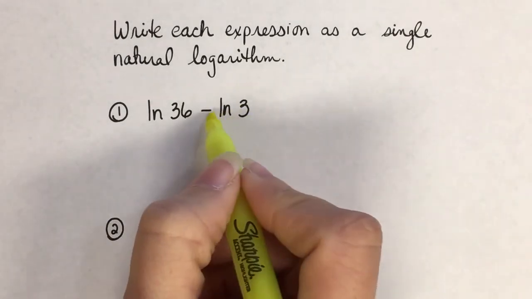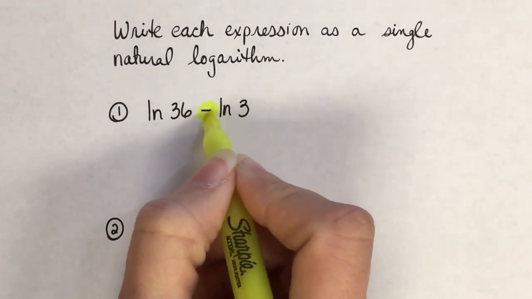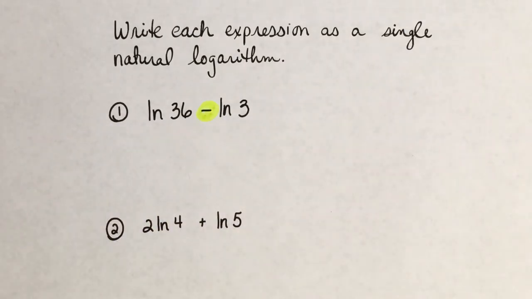Looking at this, what I need you to recognize is that these two terms are separated by subtraction. If they're separated by subtraction, you can put those two terms together by dividing your 36 and your 3.